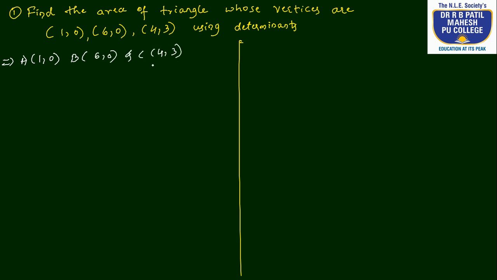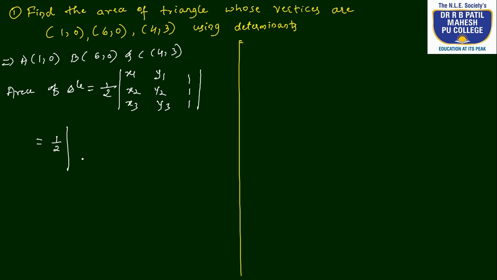The area of triangle formula, area of triangle in short I am writing 1 by 2 determinant x1 y1, x2 y2, x3 y3 and third column is 1 1 1. Now substitute x1 y1, x2 y2 in this determinant. So these are called x1 y1, x2 y2 and x3 y3.